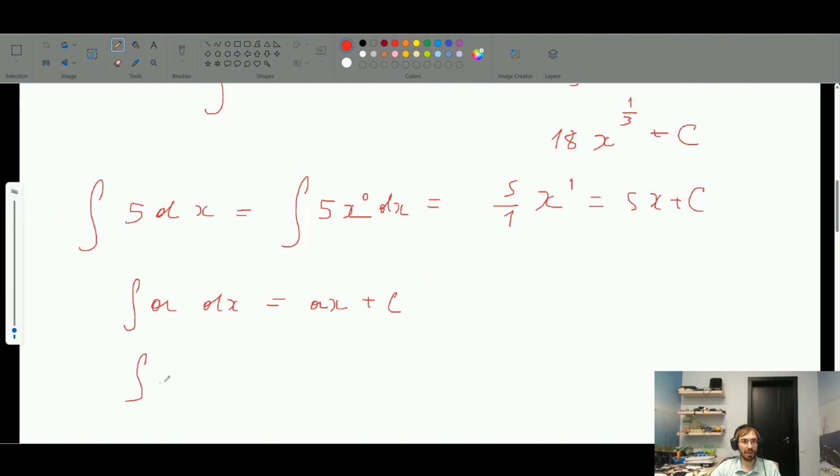For example, integral from dt will be t, and integral from 2 dy will be 2y, because the letter after d tells us what letter we should put there. Of course, plus c everywhere.